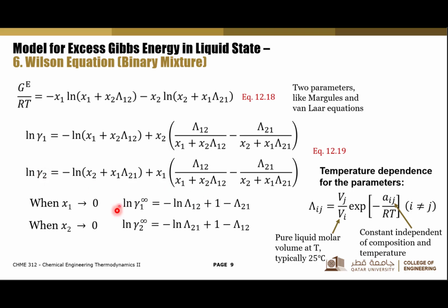All right? At infinite dilution, so if x1 approaches 0, then we get the natural log of gamma 1, the activity coefficient at infinite dilution, is equal to this term, and then the second one, this term. Again, just equations that you're going to have available for you to apply, but you have to understand what they are.